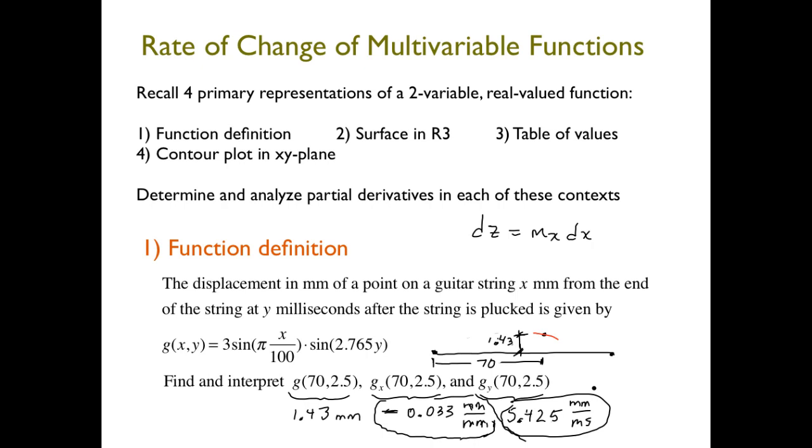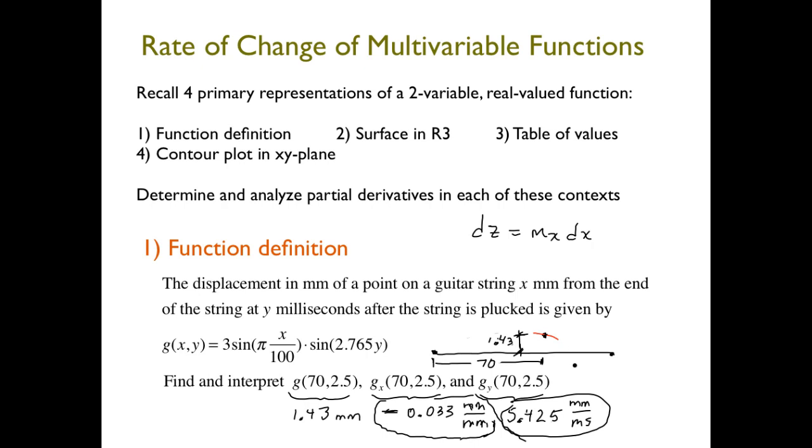So yeah, you got lots right there, but yeah, Julia. For any small change in milliseconds from 2.5, holding the string distance constant, the displacement will change 5.425 times the change in, and just one more word. Just one more word. You almost had it. You just had one word to go. It was going to be perfect.